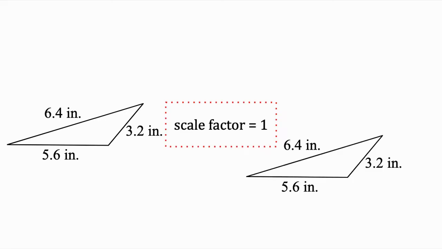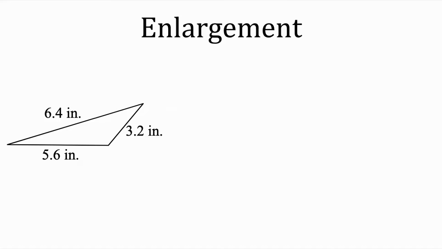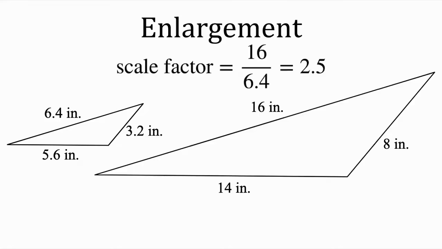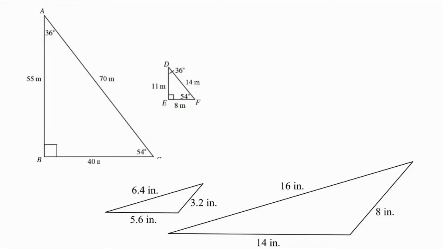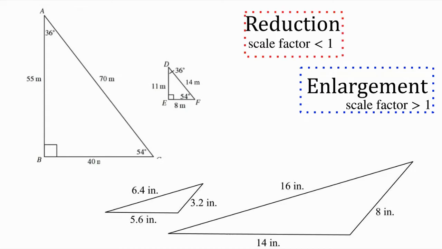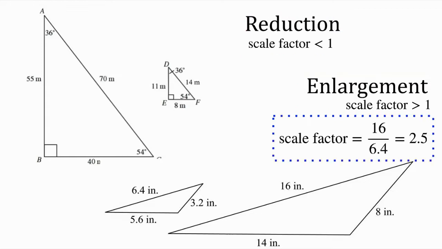Well, that would mean the shapes were identical and no change had occurred. An enlargement would have a scale factor bigger than 1. Here's an example of a scale factor larger than 1 for an enlargement. So when we identify dilations, we need to identify them as enlargements or reductions. We justify our reasoning mathematically by including our calculations of scale factor.